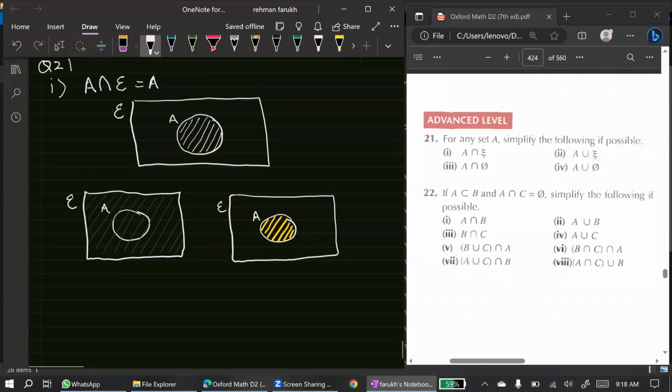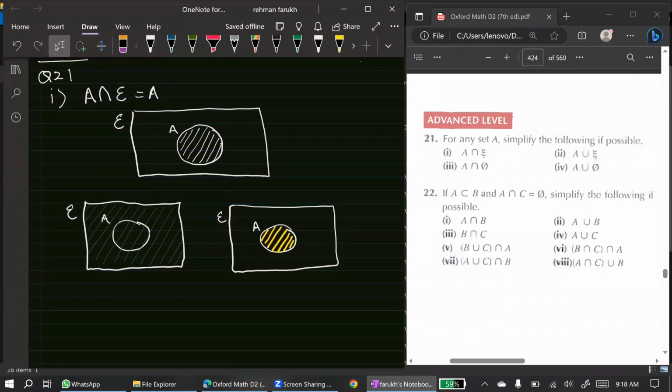Now we will attempt the second part. In the second part, we want to find out A union universal set. Now A and the universal set are shaded in the above diagram.